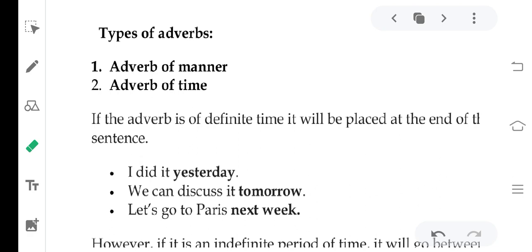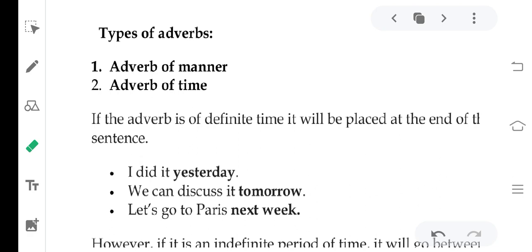Let's talk about the first one, adverb of manner. Manner means how the action is happening. Here are some adverbs: slowly, rapidly, clumsily, badly, sweetly, warmly, etc.